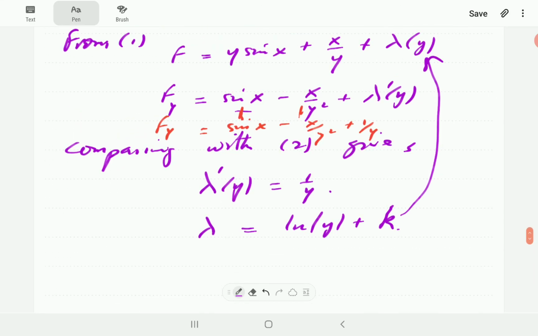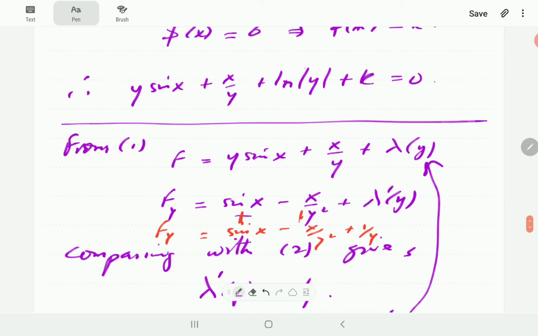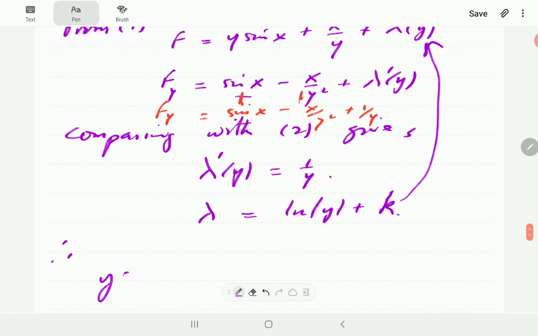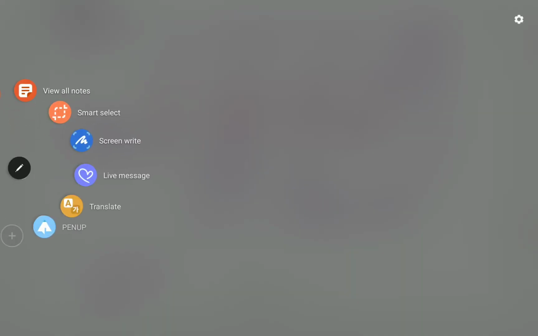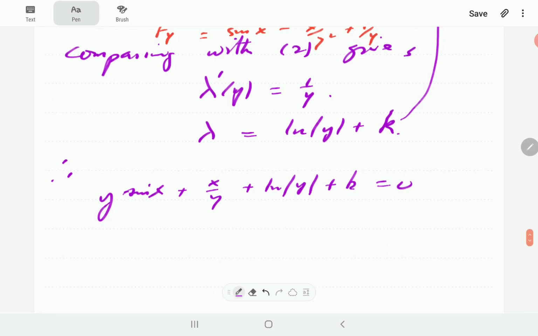Let me just write it again. So we've got y sine x plus x over y plus ln y plus k equal to 0.